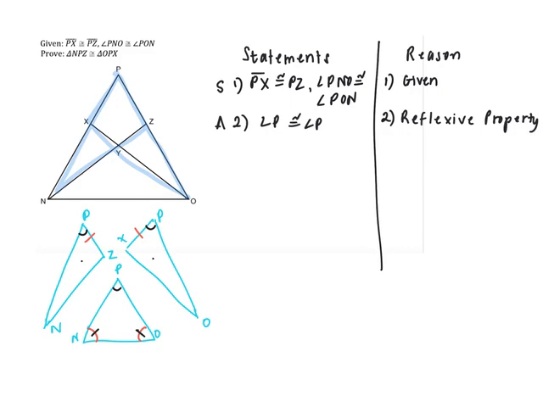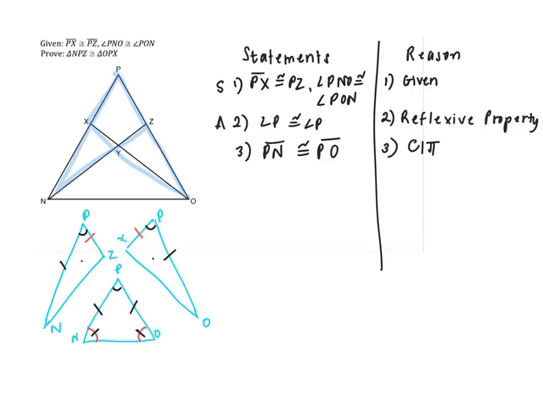Okay, that's right. We can also say that side PN is congruent to side PO, and that would be because of the converse of the isosceles triangle theorem. So here we can also mark it in our figures and write it in our statements and reasons.